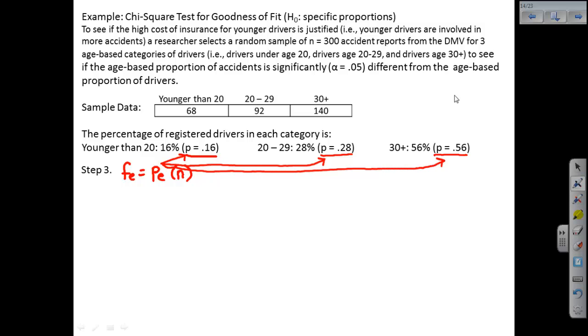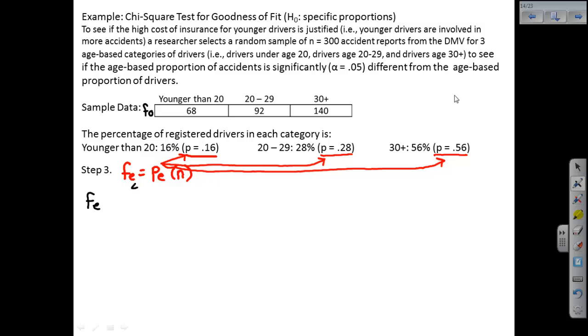Okay, so now let's go ahead and find our frequencies expected. So I'm going to just put all of my work into a table. Again, these are FOs, frequency observed in the data, and frequency expected under the null.